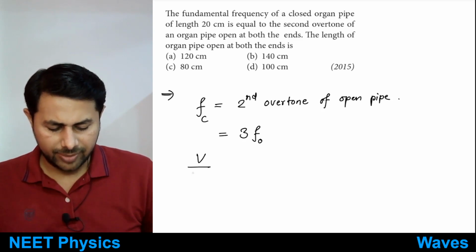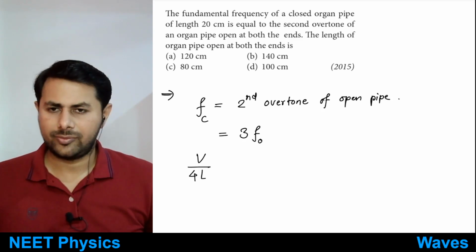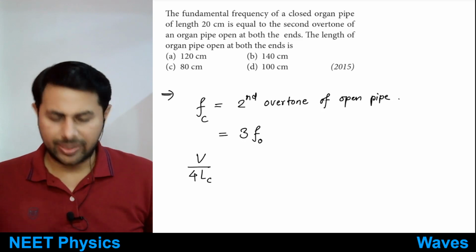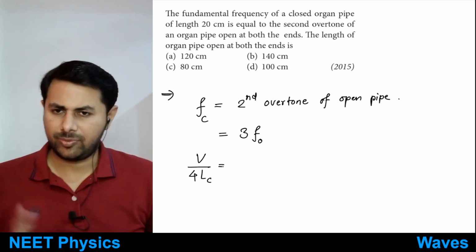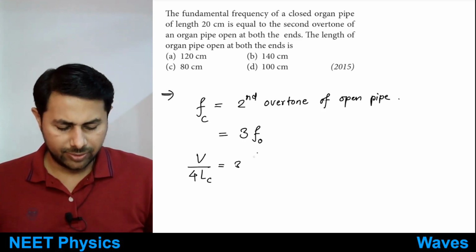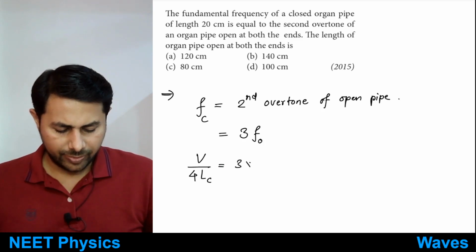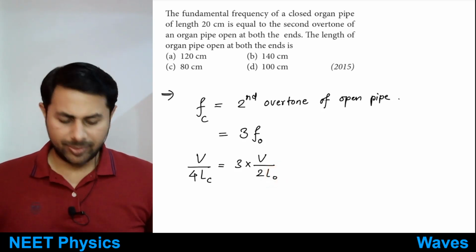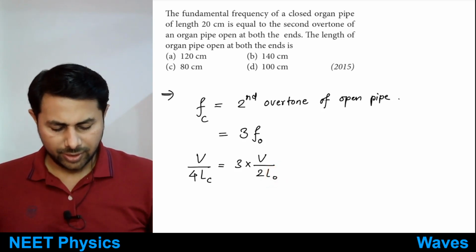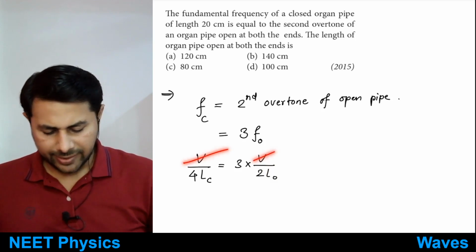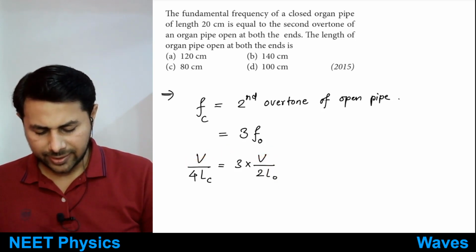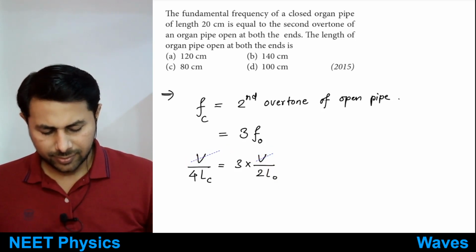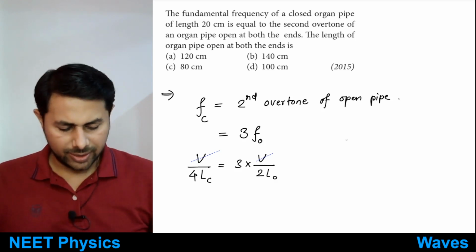So what is the fundamental frequency here? It is V divided by 4L for the closed pipe. So it is V divided by 4LC, C for the closed pipe, and it's equal to 3 times V divided by 2LO, LO for the open pipe. So V gets cancelled, and you want the length of the open pipe.